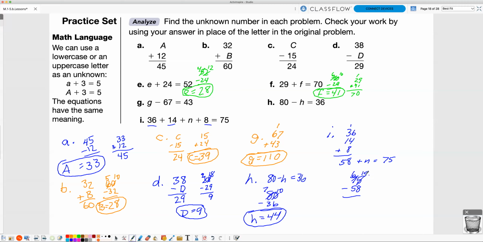This would be 15. 15 minus 8 is 7, and that would be 1. So N equals 17 in this case. And to double check my work, I'm just going to take 58 plus 17. And I'm going to get 15. This will be 75. And there it is, 75. So that means it works.